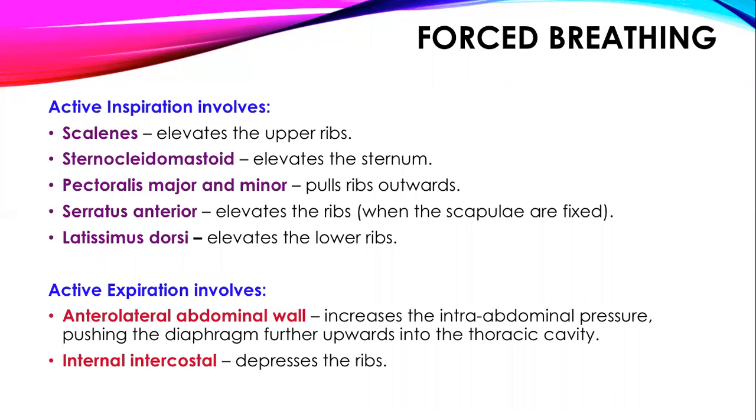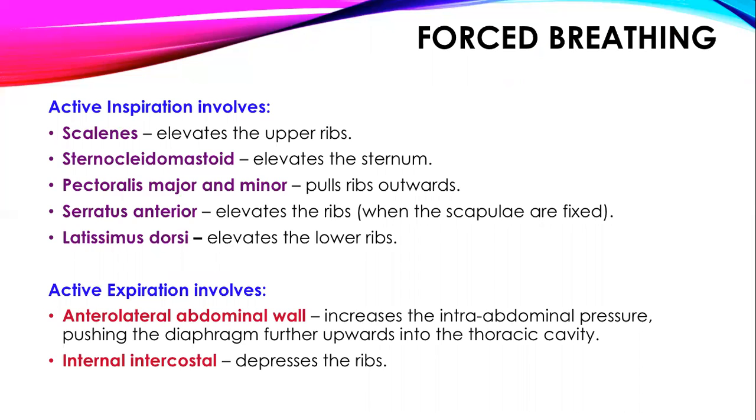All of these muscles act to increase the volume of the thoracic cavity, such as the scalenes, which elevate the upper ribs, the sternocleidomastoid, which elevates the sternum, the pectoralis major and minor, which pull the ribs outwards, the serratus anterior, which elevates the ribs, especially when the scapulae are fixed, and the latissimus dorsi, which elevates the lower ribs.